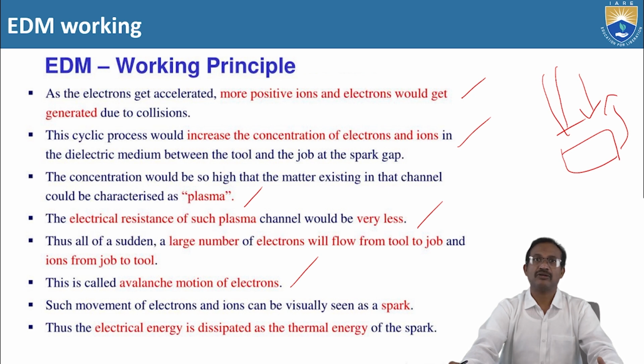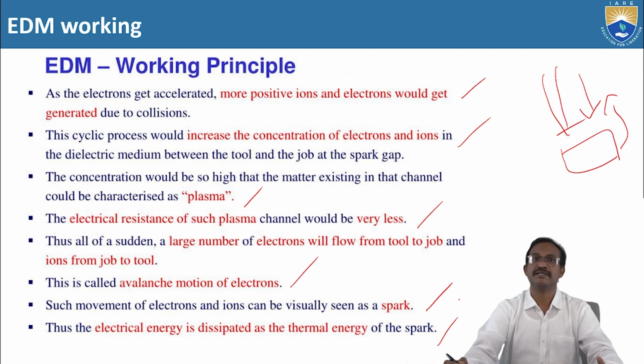Such movement of electrons and ions can be visually seen as a spark. Thus, the electrical energy is dissipated as the thermal energy of the spark.